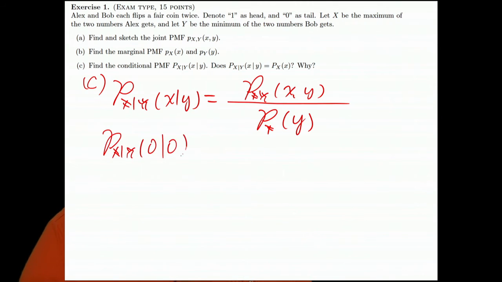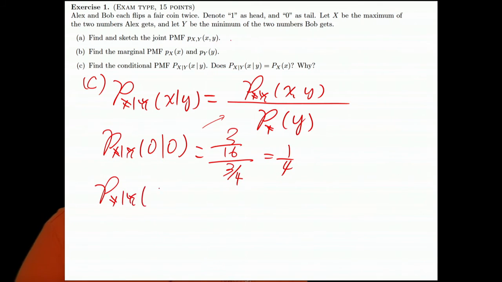If I have 0 conditional on 0, then you plug in the values we got from part A and part B. We have 1/4. And if it's 1 given 0, then the answer is 3/4.